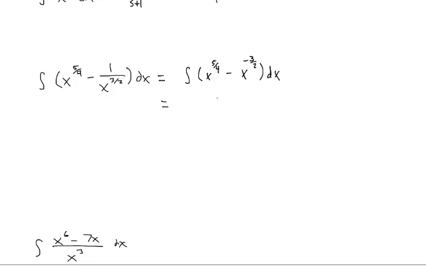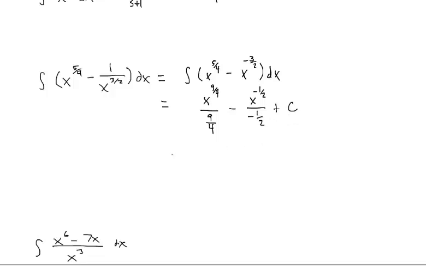And now I'm going to add 1 to each exponent, and I'm going to divide that term by the new exponent. So we have x to the 9/4 divided by 9/4 minus x to the negative 1/2 divided by negative 1/2 plus our constant of integration.